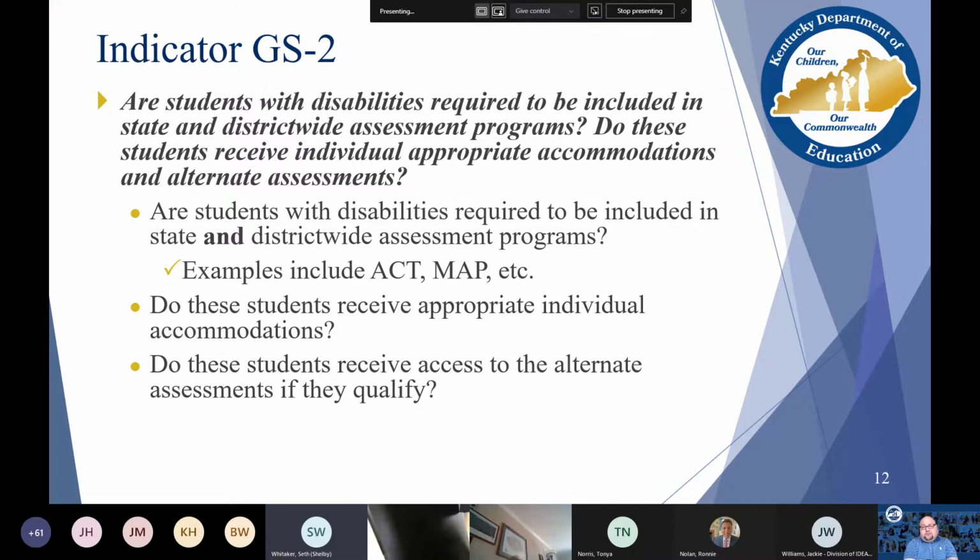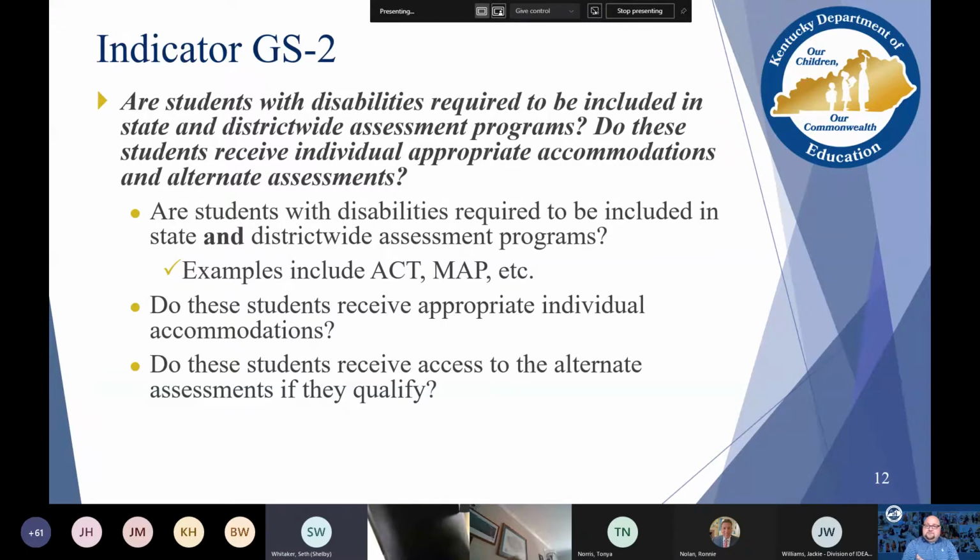Are they receiving appropriate individual accommodations as a result? And do they receive access to alternate assessments if they qualify? So again, if it spells it out in the IEP, and if you were in the other session, you heard me say this, an IEP is a federally legally binding document.